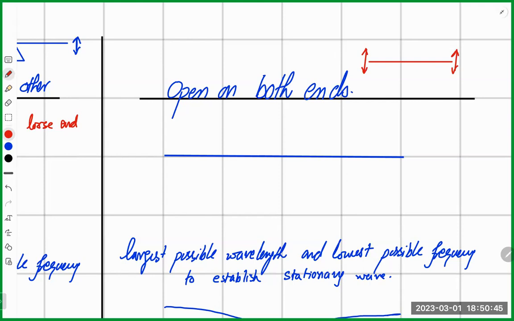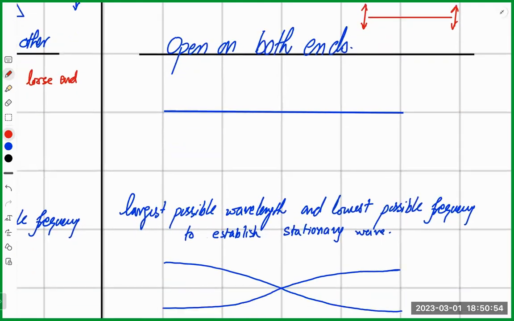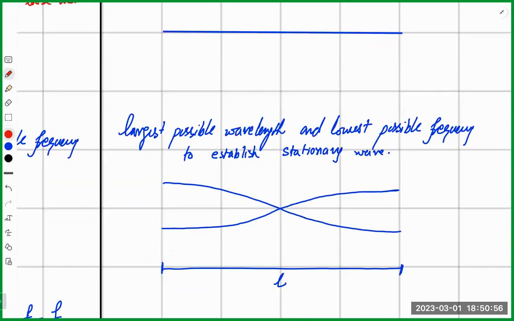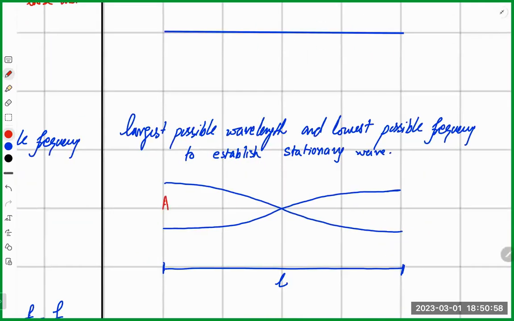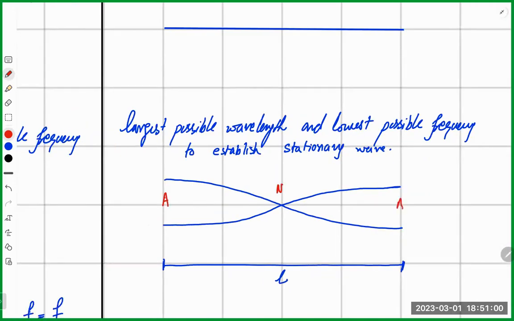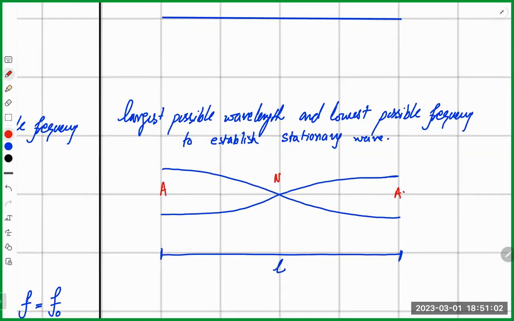They can establish stationary waves in this one. To establish stationary waves here, we have to have antinodes on both ends: an antinode here, a node in the middle, and an antinode on this end.